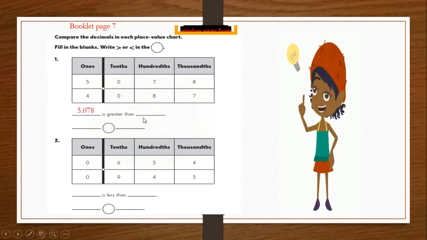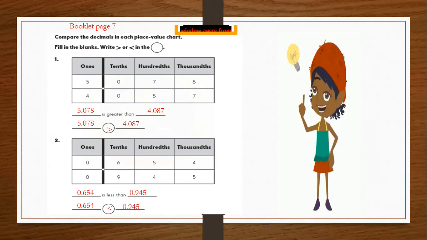So we're going to place the 5.078 is greater than 4.087. And by placing the two numbers, we can put the sign greater than. In the same way, looking at the second question, 0.654 is less than 0.945. So placing the two numbers, we will put the sign less than between them.